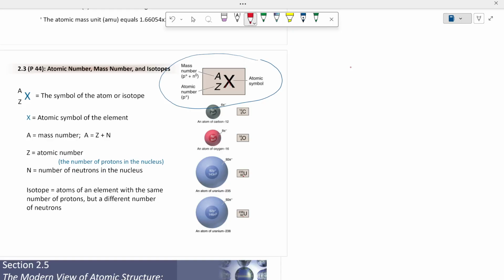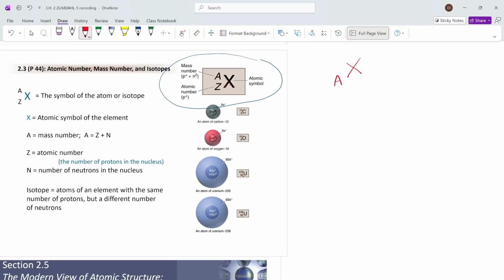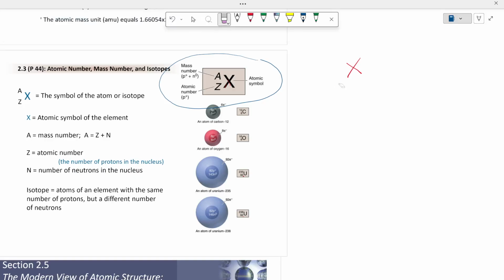Now, you can also find two numbers associated with each atomic symbol, here is Z, and here is A. The lower number and the upper number are listed here in the left upper corner and in the left lower corner. One of these numbers is called the atomic number, and the other number is called the mass number.